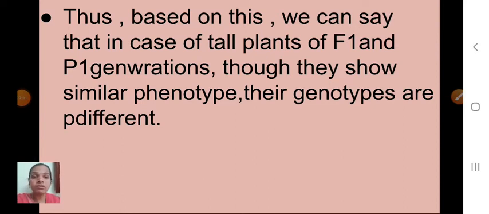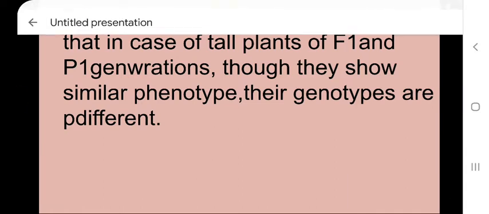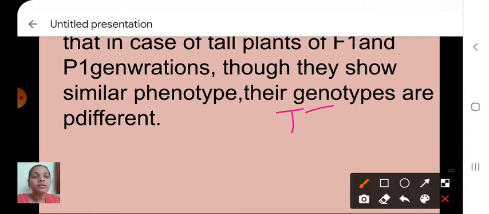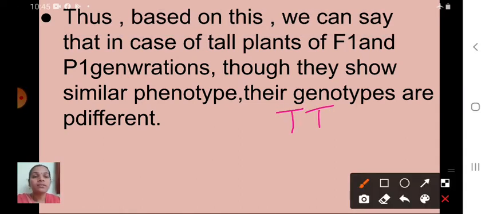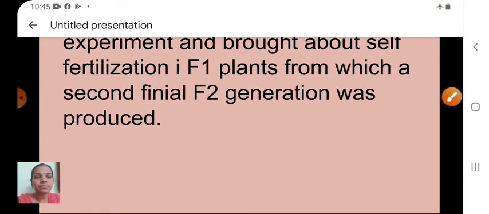Yes, the phenotype is similar. What is the phenotype? That is tall. And the next one is what? Genotypes are different. Genotype means, yes, parent is this one, and F1 is what children? This one. This is the difference. Understood now? Shall we go to next?